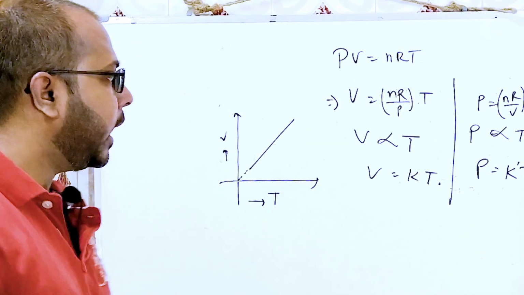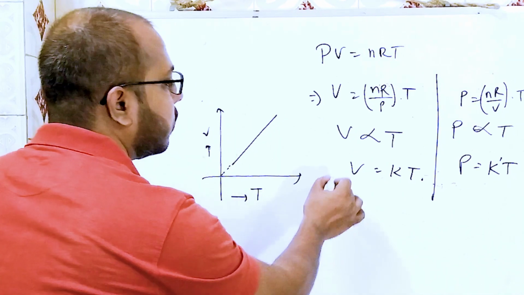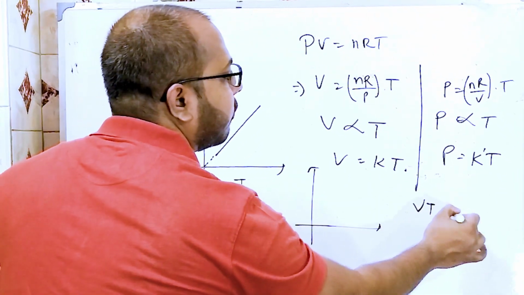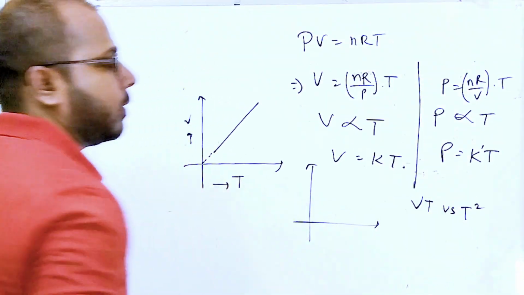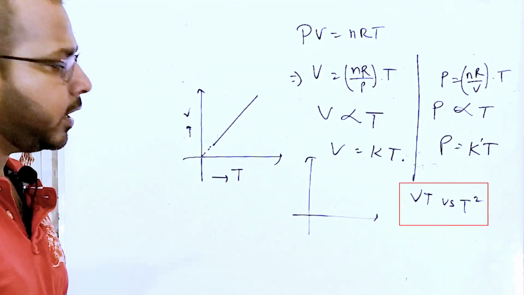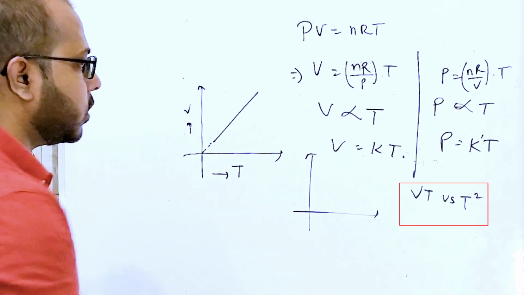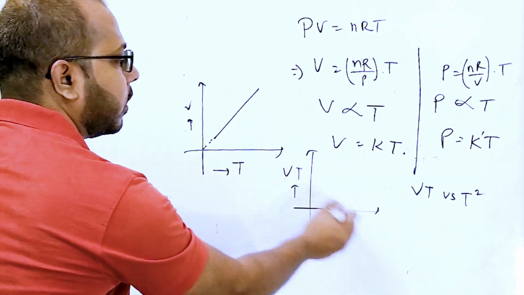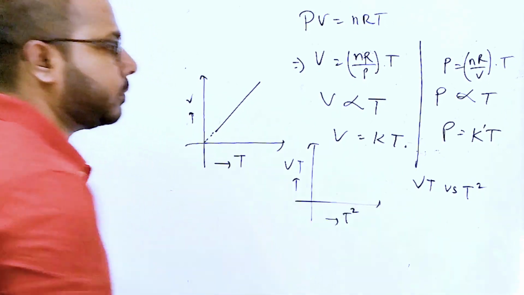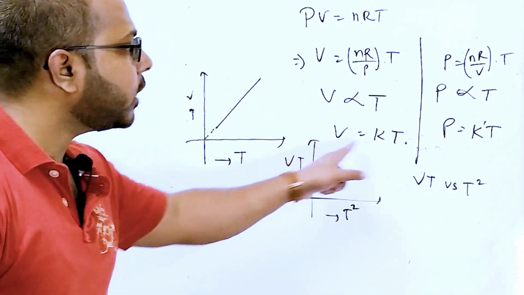Clear? Now if someone is asking you what is the nature of Vt versus T square, it can come. So Vt and T square. We know V equals to Kt.